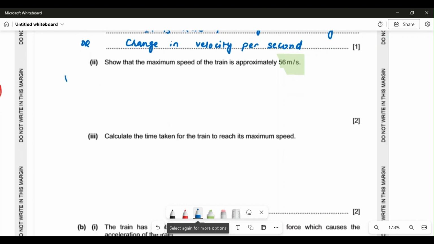So maximum speed, I can denote it by V, that is 200 kilometer per hour, and I need to convert it into meter per second.